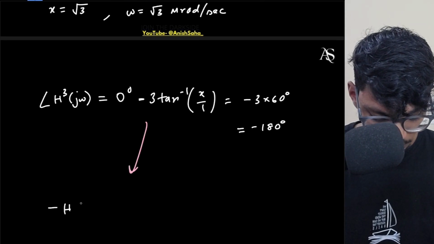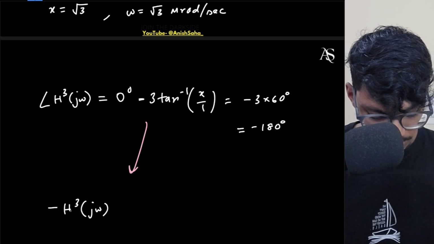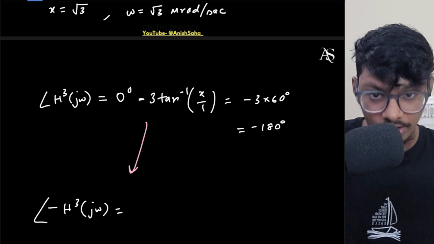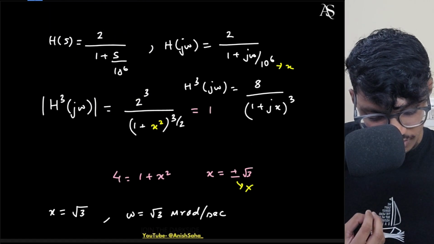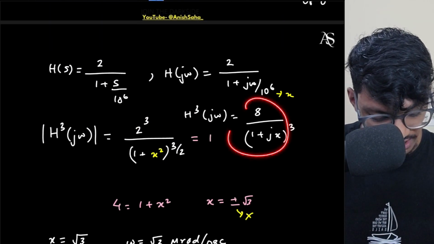My minus of h cube of j omega angle should be equal to, I will calculate this value now. Now what is minus of h cube? So minus of h cube will just be the negative multiplication of this, right?